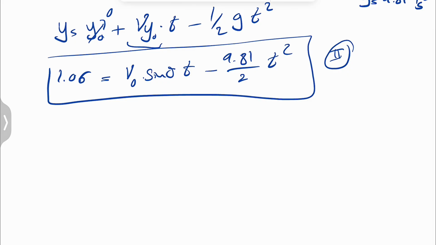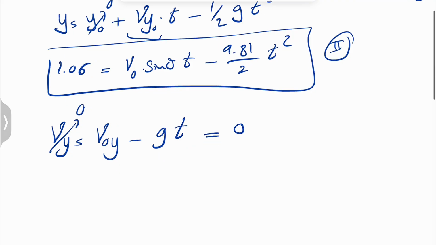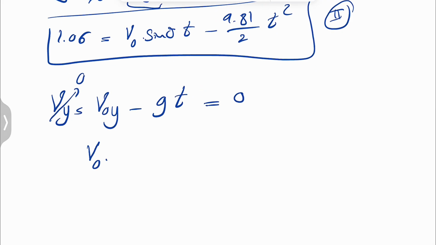Another equation we have is Vy equal to V0y minus g t, and we know at the apex Vy is going to be 0, so this will be equal to 0. V0 sine of theta is equal to 9.81 t.